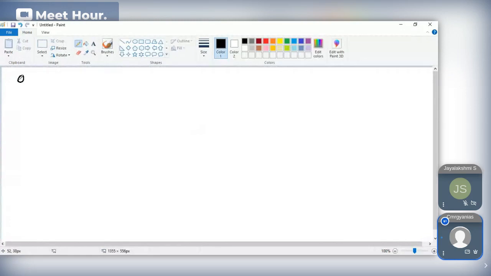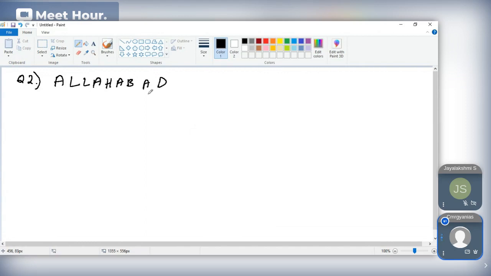Next question number 2. Same question. How many words can be formed using all the letters in the word Allahabad?